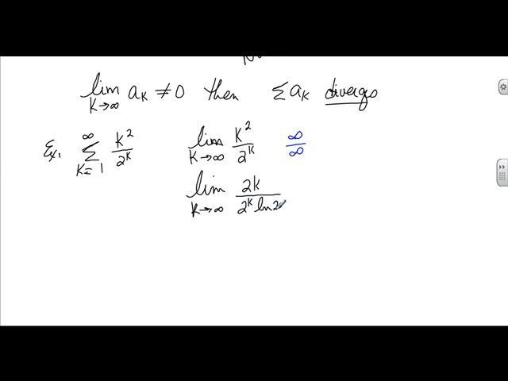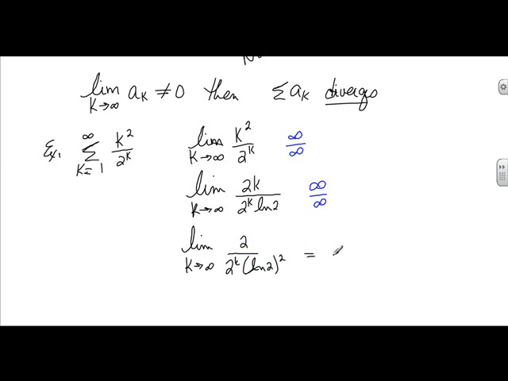And the way that's written, we've got infinity over infinity still. So you apply L'Hopital's rule again and look at the limit as k approaches infinity of 2 over 2 to the k times natural log of 2 quantity squared, and that is going to go to 0.